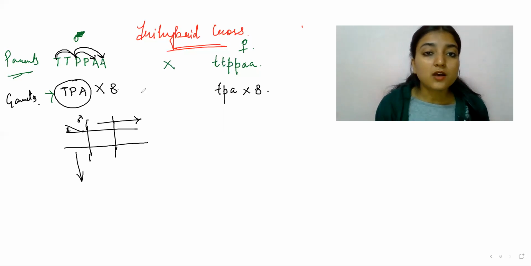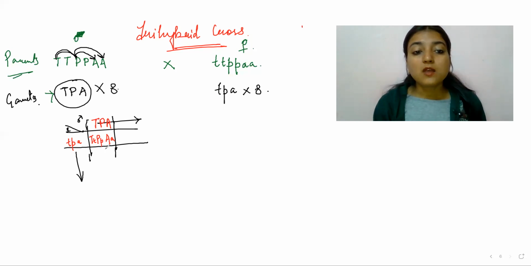So now you just have to write capital T, P, and A. Here the small t, small p, and small a. If you cross, it will be capital T, small t, capital P, small p, and capital A, small a. So these possible genotypes will be filled in all the 64 spaces.